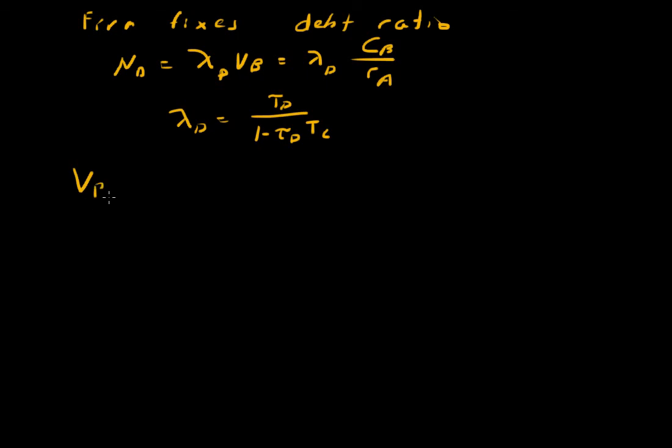If you are acquiring a new project that generates these new real assets, well, we just saw above that we're going to be generating new debt equal to this. Well, we know that with that new debt, we get new value with the interest tax shields, right? So there's the value that's created by the project.